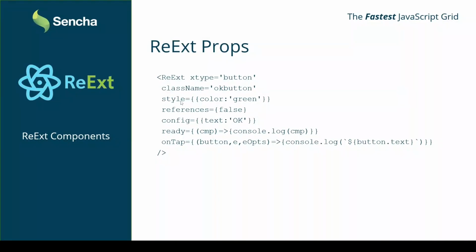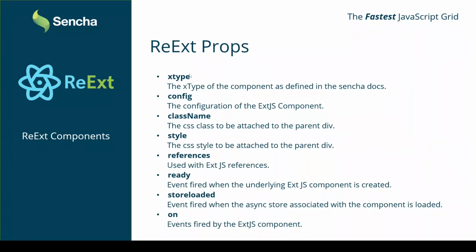You can add style, references, the config tag, and some events like ready and onTap. All that is required is the xtype and the config. Those two are the ones that you need to create your component. Everything else is optional, okay?